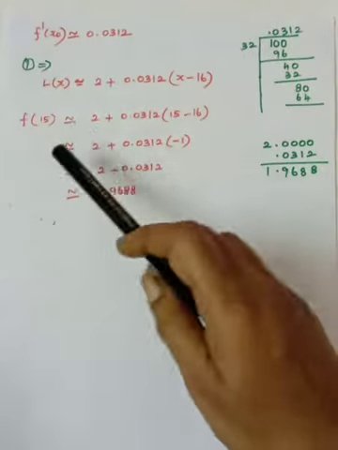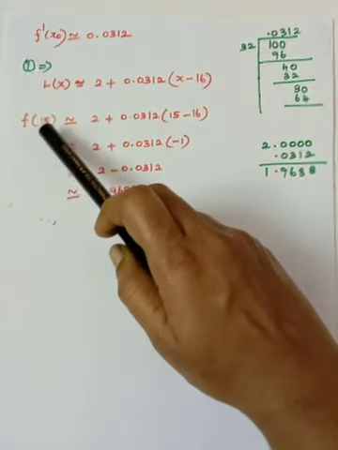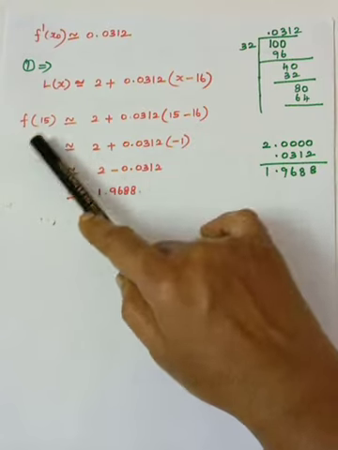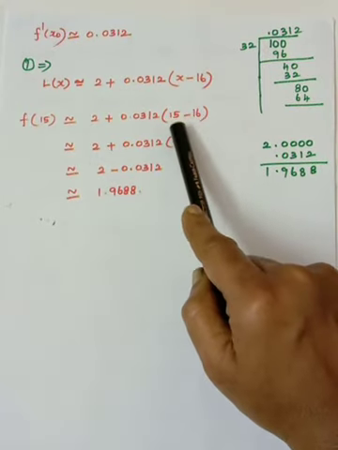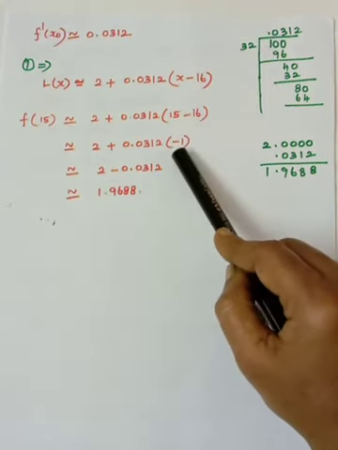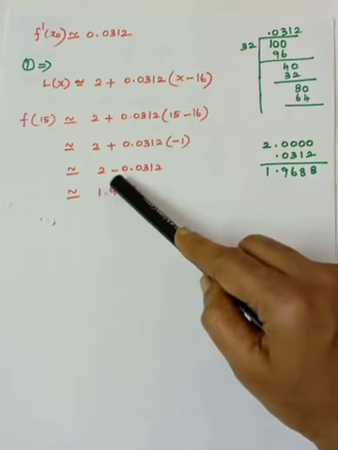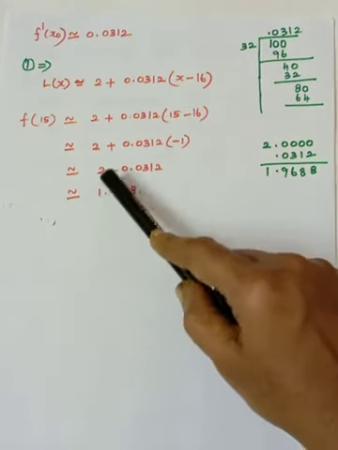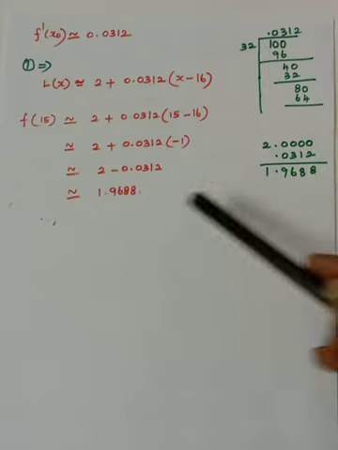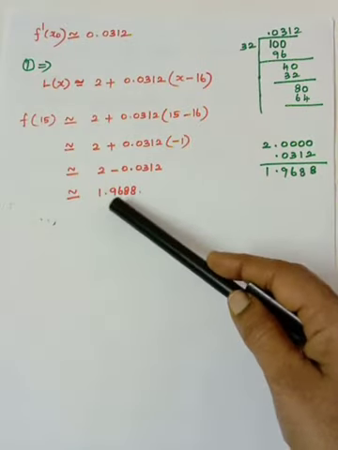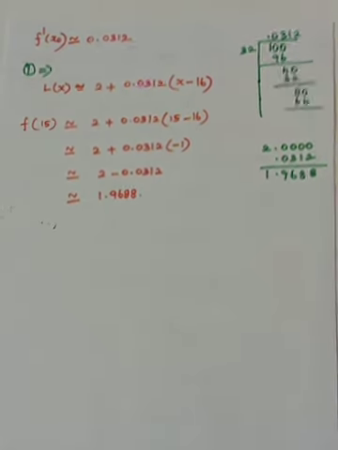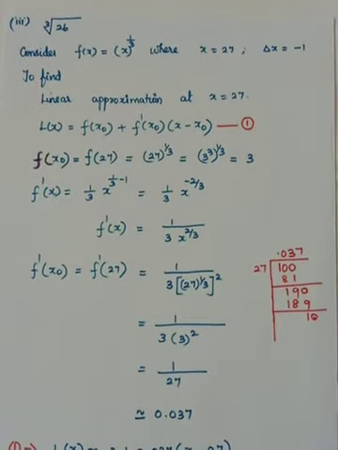So therefore in this approximated value you have to substitute x as 15. 15 minus 16 is minus 1. So if you multiply and subtract, your approximated value is 1.9688.